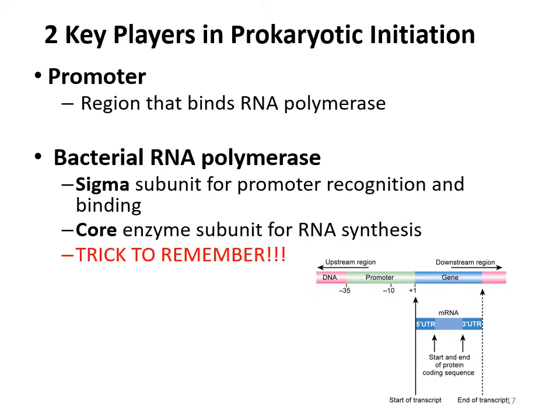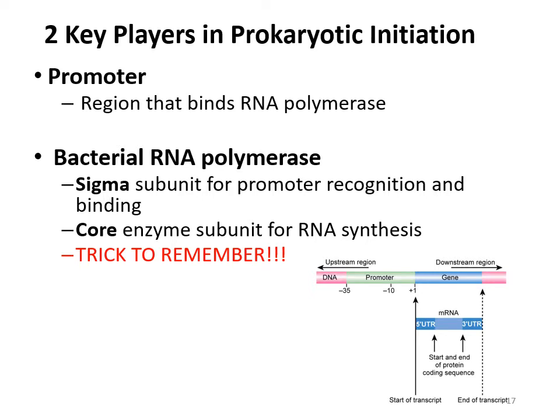Now, the RNA polymerase that's responsible for actually transcribing or making the RNA is made up of two subunits, and there's a trick to remember which subunit's doing what. For sigma, I always write sigma sees the promoter. So I underline that S and think sigma sees the promoter, because that's the subunit that actually recognizes and binds to the promoter to start transcription.